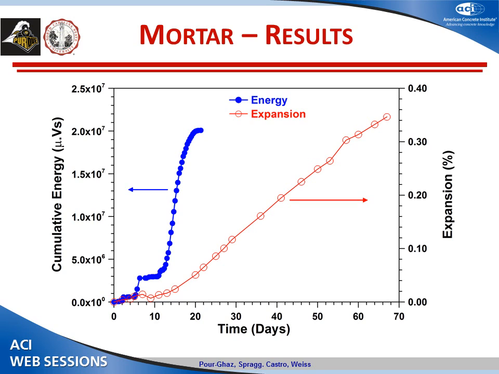Now, there are a few features that we see over here. We have a period with very little acoustic activity, then an increase in acoustic activity, then a dormant period, for lack of a better term, and then a sudden rise in the acoustic activity, and then it plateaus off at the end, approximately after 18 days.